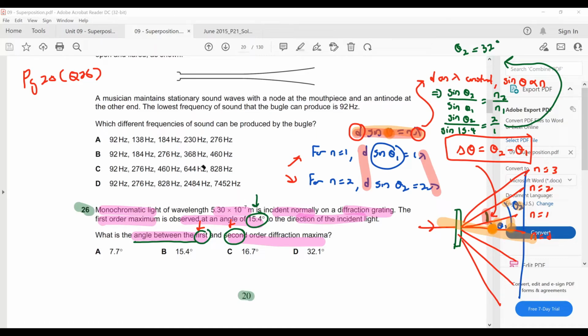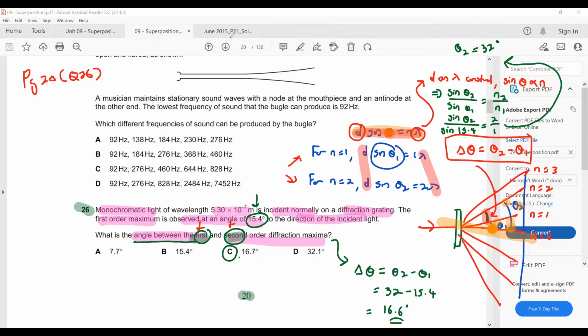So when you want to find the difference in angle between the first and second order, theta 2 minus theta 1 will be 32 minus 15.4, giving you 16.6 degrees. The closest answer to that is this one, just a difference of 0.1. This is supposed to be the answer. So the answer is C.